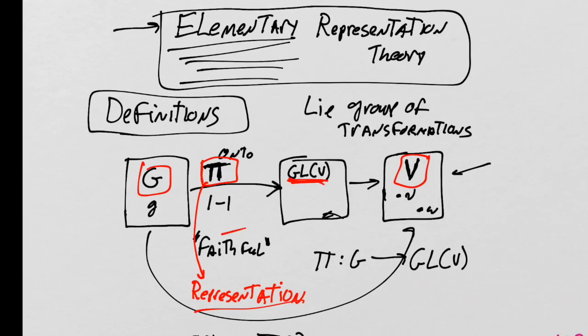So what have we done? We've begun our foray into elementary representation theory. Notice that we really spent our time identifying what we're interested in: these mappings from some Lie group, which is abstractly defined, into the relatively concrete general linear group acting on some vector space, right?